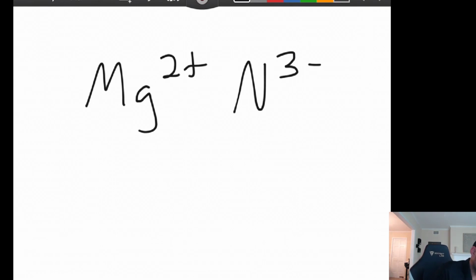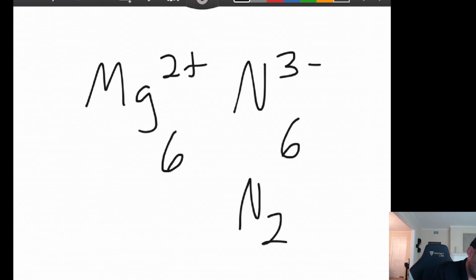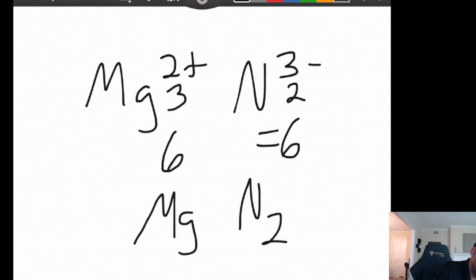Okay. So now I want to combine these in a way that balances out the charges. So I have to use the least common denominator because 3 doesn't go into 2 and 2 doesn't go into 3. So 6 would be my least common denominator. That means I'll need 2 nitrogens, 2 times 3 minus would equal 6. And then I need to have 3 Mgs to get to 6 on this side.